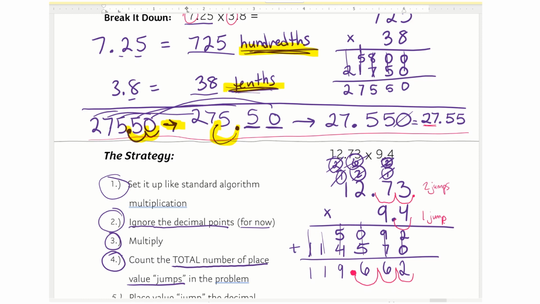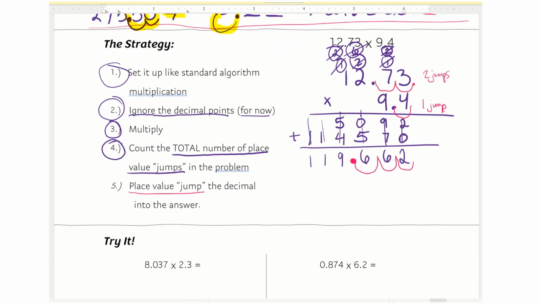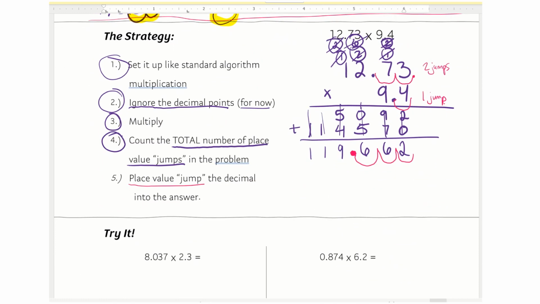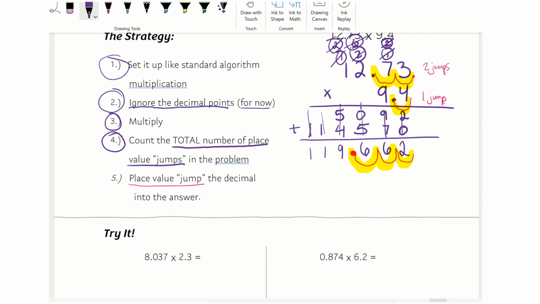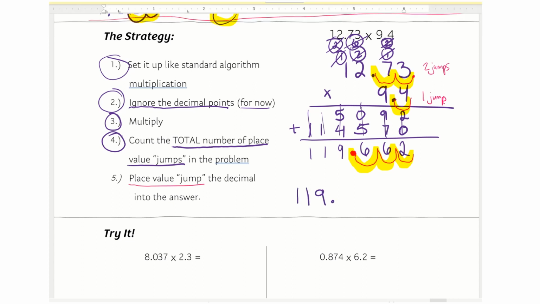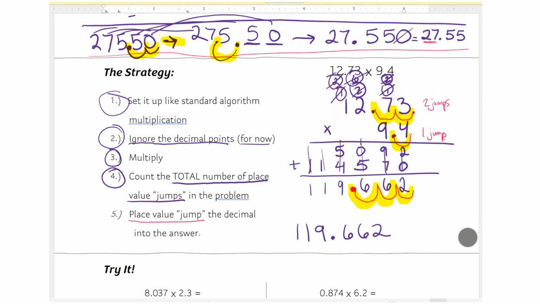That moving of the decimal work that we did up there is what we just did here simply using our place value jumps. So we just counted the jumps. There were 3 and I did 1, 2, 3. And so we get a final answer of 119 and 662 thousandths.